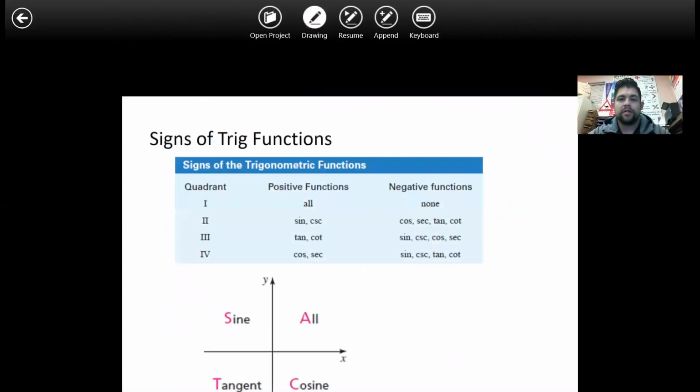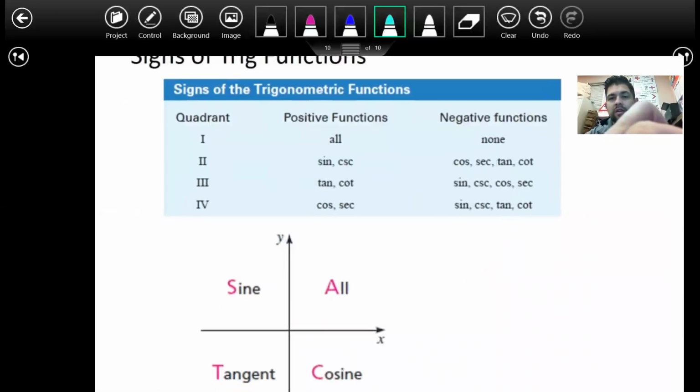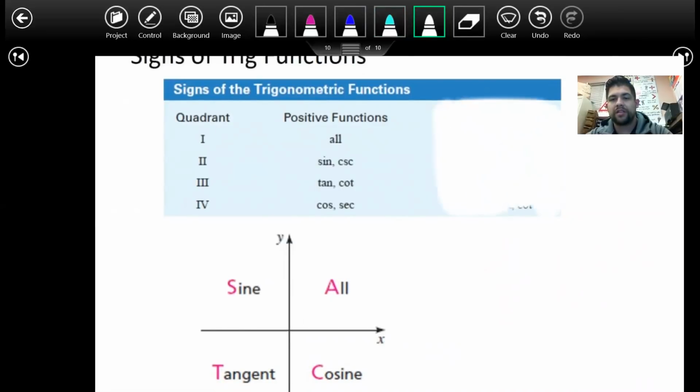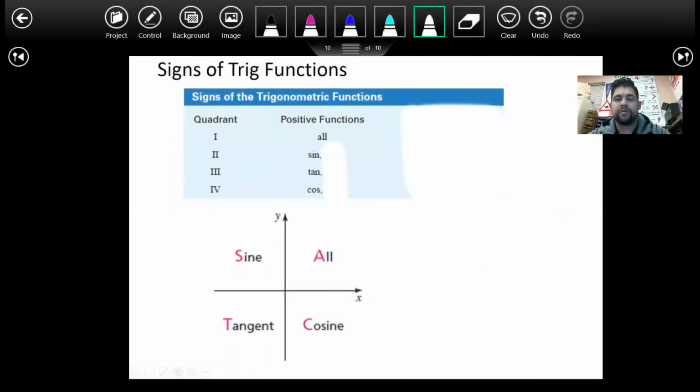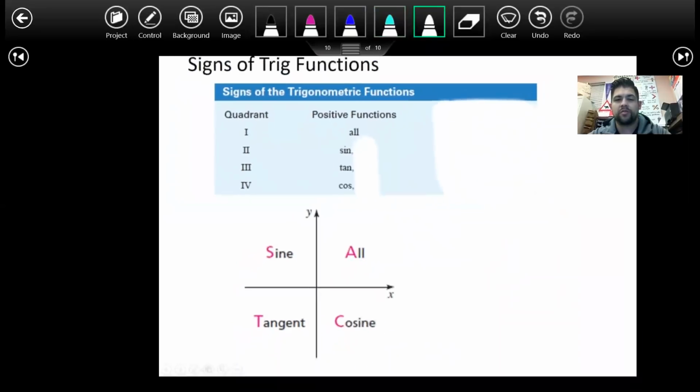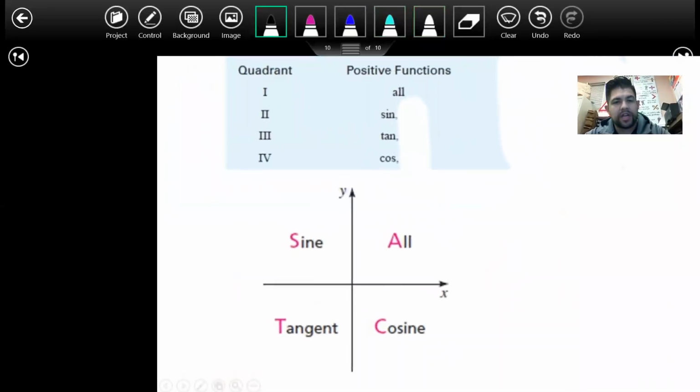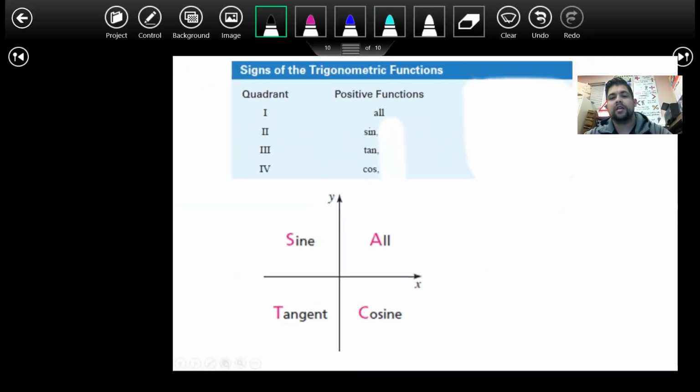So the next thing I want you to understand is, again, we're not going to look at these negative functions. You don't need to worry about them, but you should be able to identify these key parts. We should be able to associate the types of functions we're looking at. Looking at the unit circle, we have the acronym ASTC, which stands for all students take calculus.